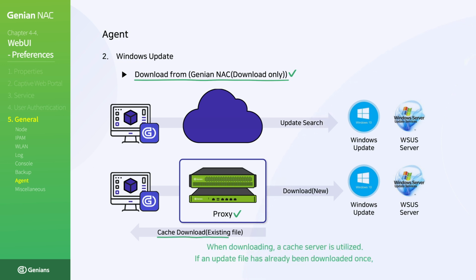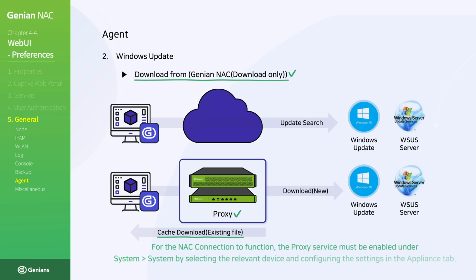The NAC connection for download option configures the NAC agent to execute Windows Update, with update searches performed through Microsoft WSUS. However, the updates are downloaded via the NAC server set as a proxy, using its representative IP to interact with Microsoft WSUS. When downloading, a cache server is utilized.